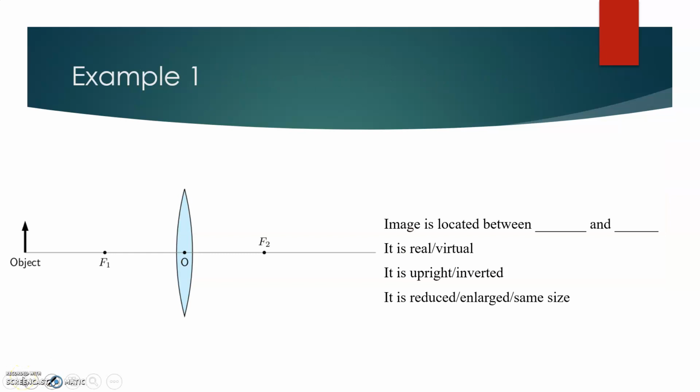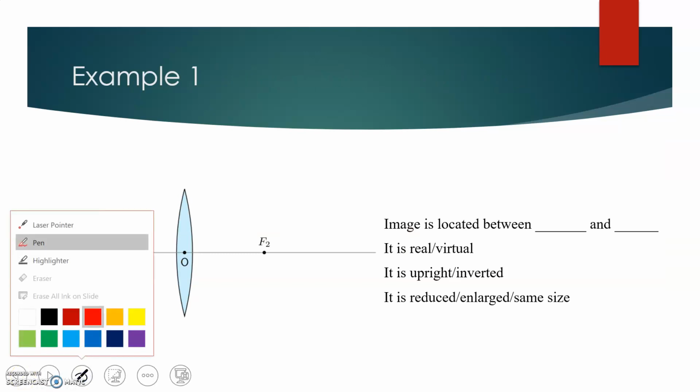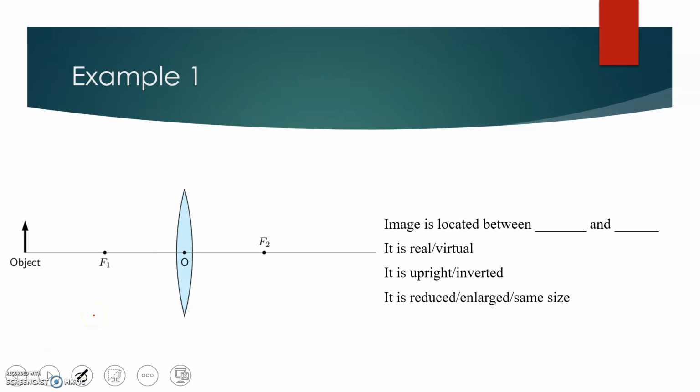Alright, so here is the example. We have the image and we have the convex lens, and we're going to do the first incident ray, which again is a straight line from the top of the arrow to the lens, and we're going to stop once we get to the center of the lens.